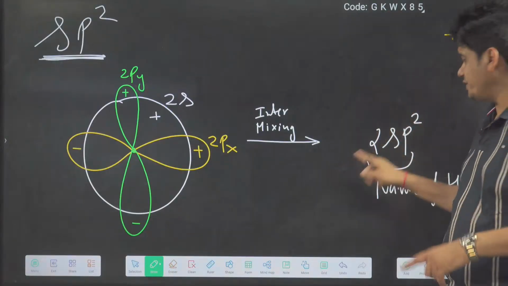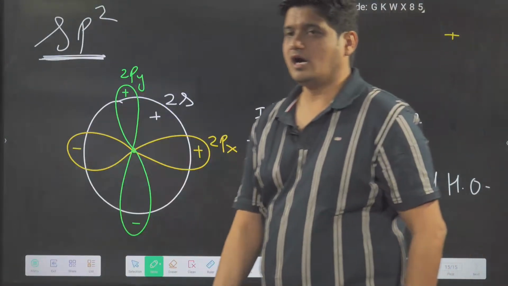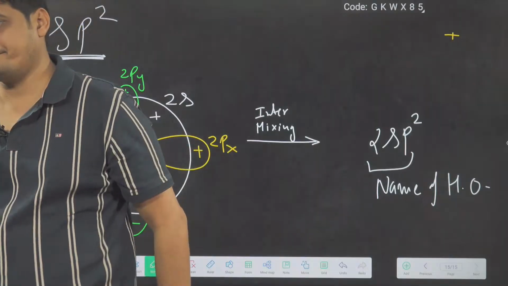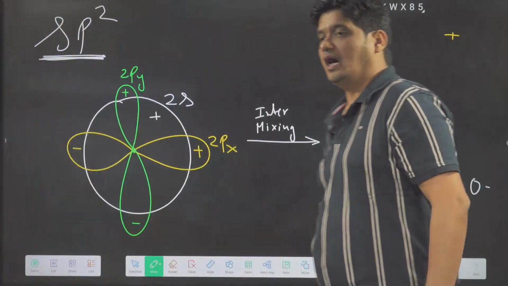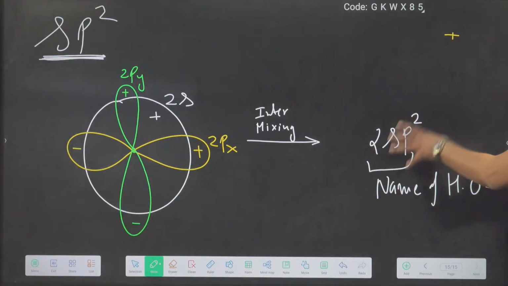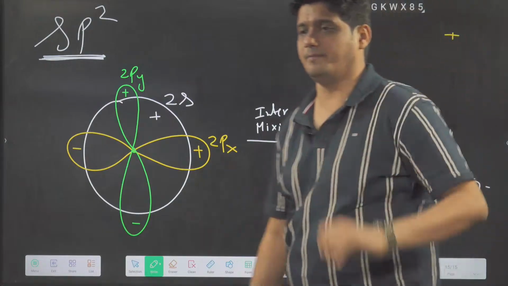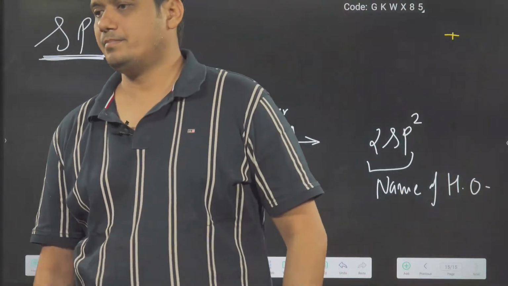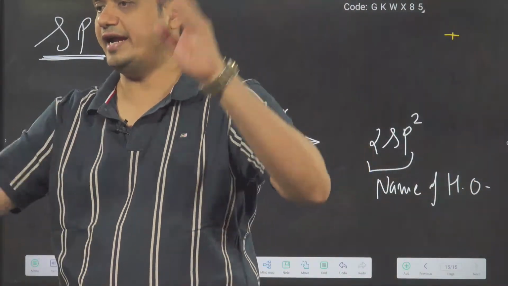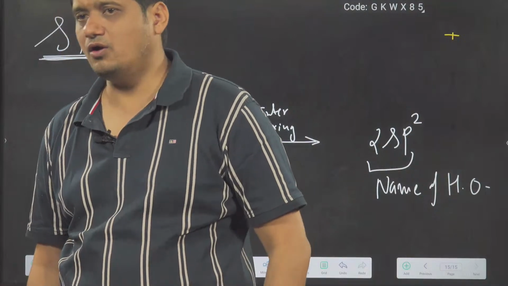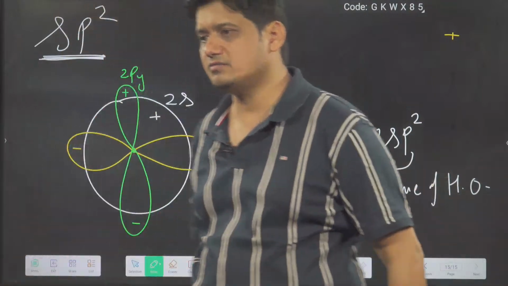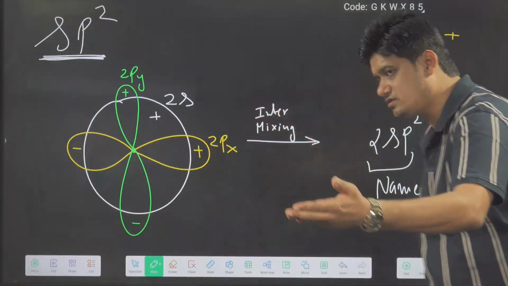How many 2sp2 hybrid orbitals are going to form? 1, 2, 3, 4, infinite? Please answer. 3. Very good.